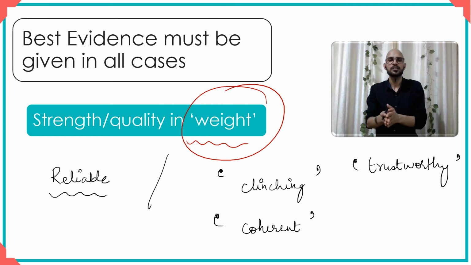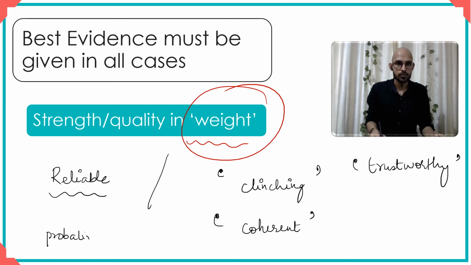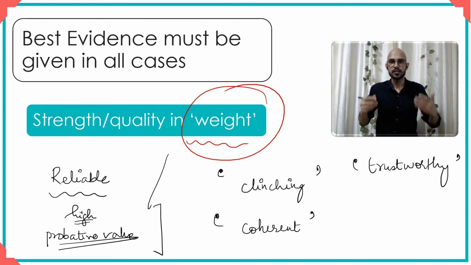It's just how we conceptualize evidence, that the quality of evidence is seen through its probative value, right? So when something has high probative value, it means it has high quality, and it is seen as something which has a lot of weight.